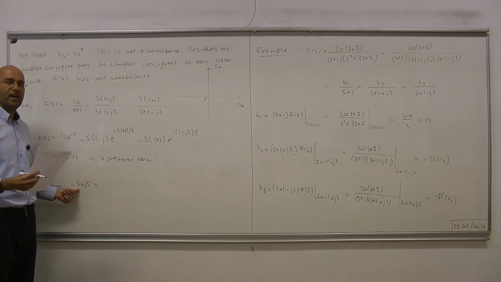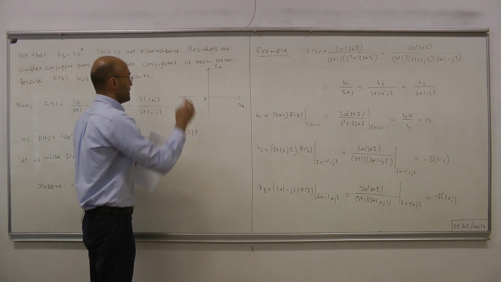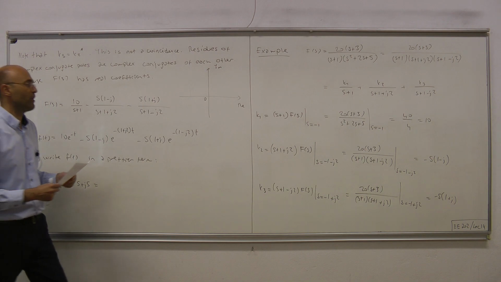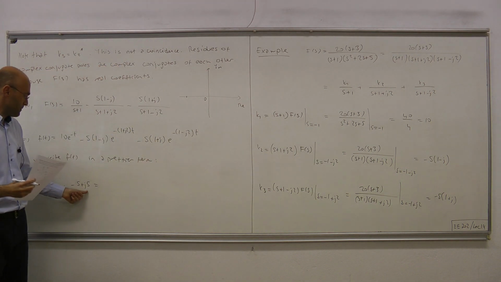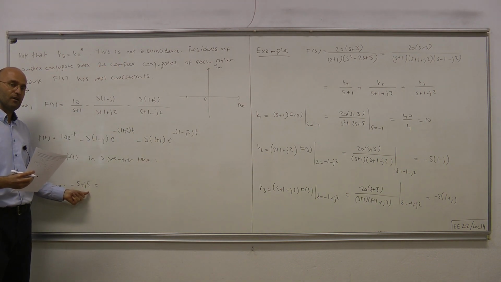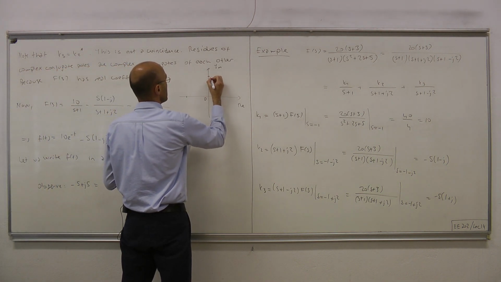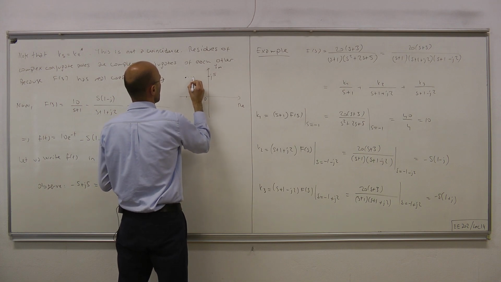Its real part is minus 5. Therefore, the projection of it on the real axis is minus 5. So the coordinates is minus 5, and for the imaginary part it's j5.